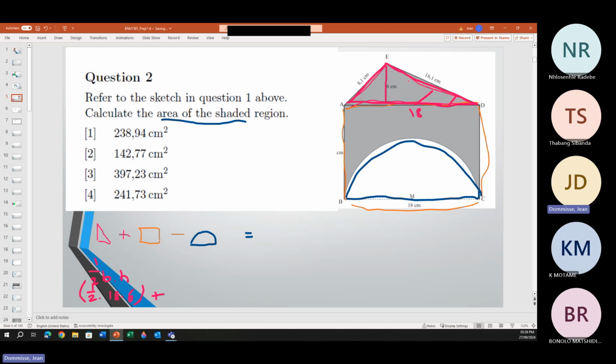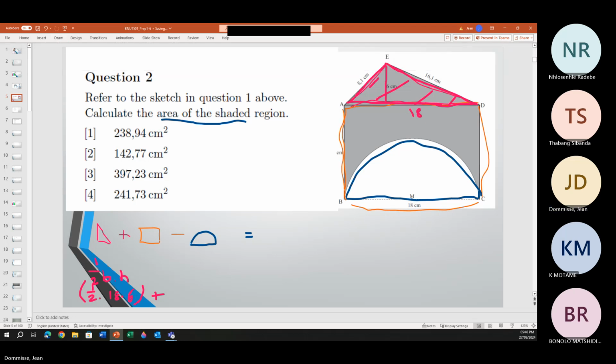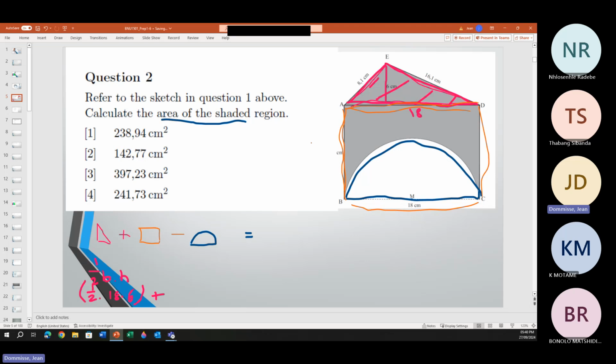Okay, so that's that area covered. Then we take that full area first of this component. Okay, so it was 12 times 18.